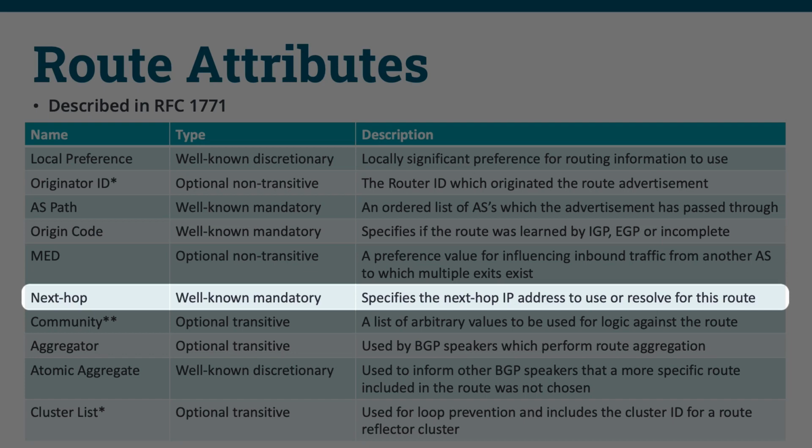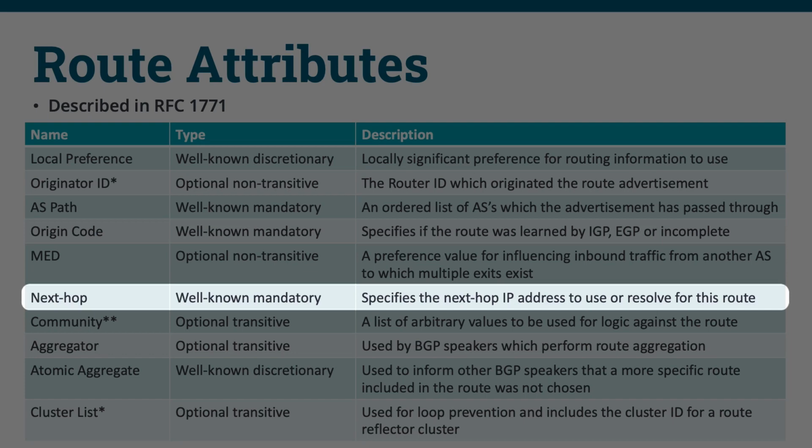This is another reason why an IGP is typically necessary in iBGP environments, as all routers must at least have a path to the next hop in order for the route to be considered reachable. If the next hop is not reachable, Junos will still install the route into the routing table. However, the route will be hidden, since the next hop is not reachable.